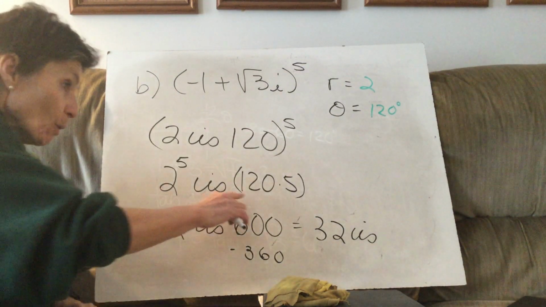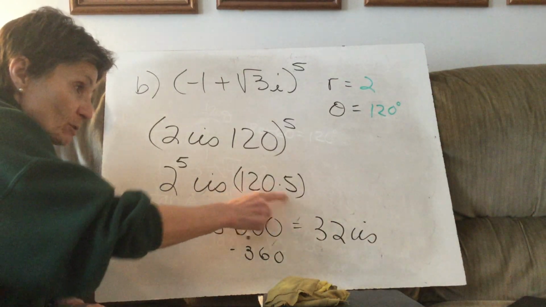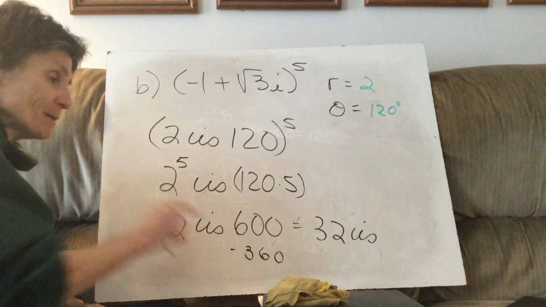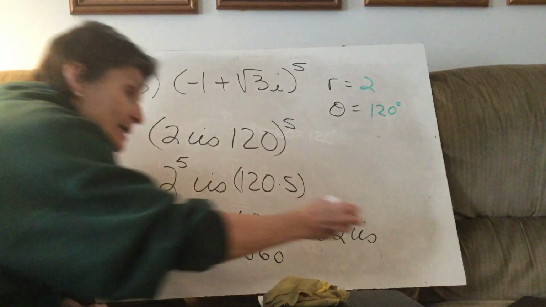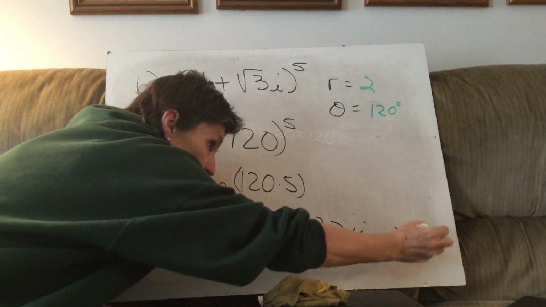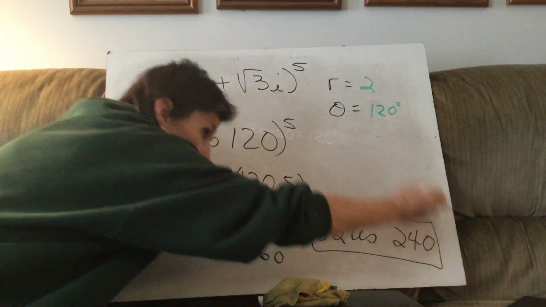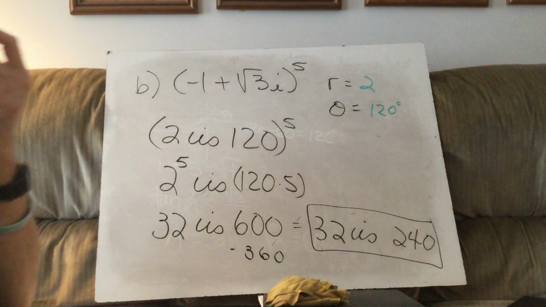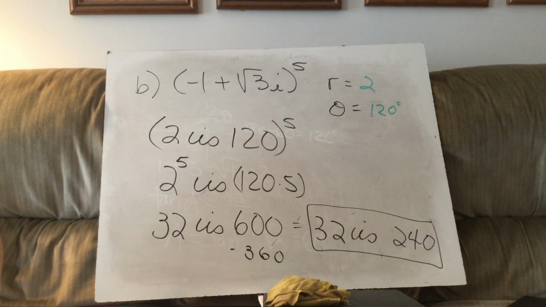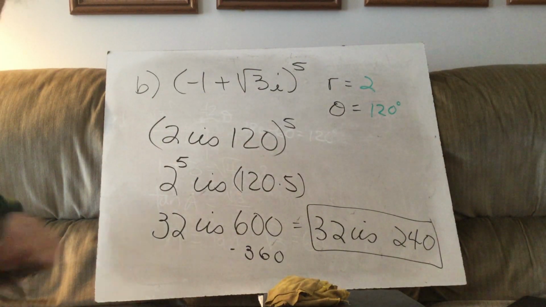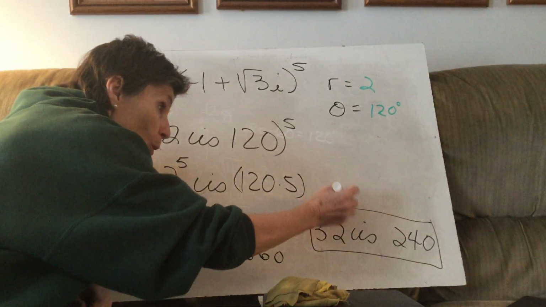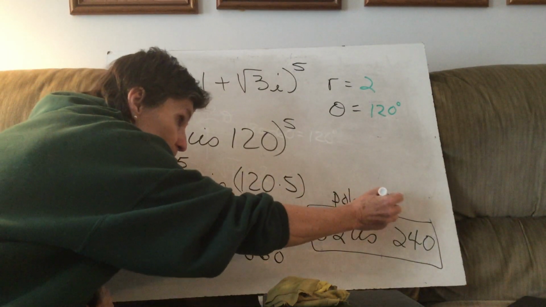We got it because we multiplied 120 times 5, but now we have to reduce it, and it goes down to 240. That is the answer in polar form. This is my polar form answer.